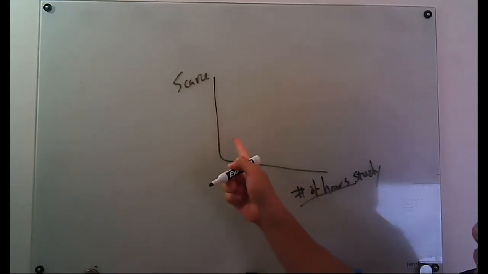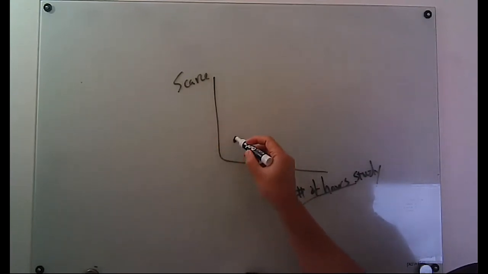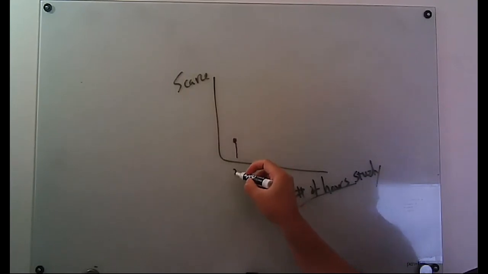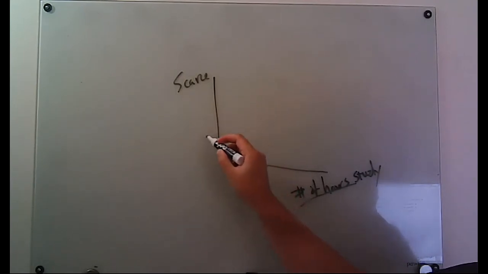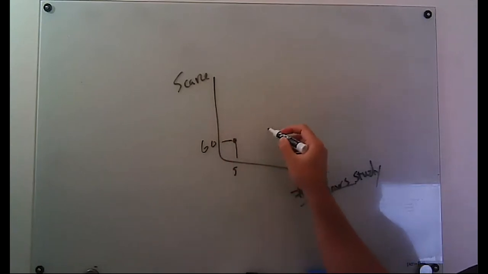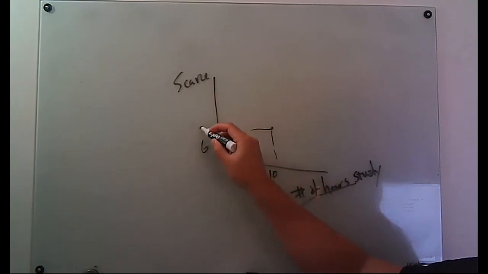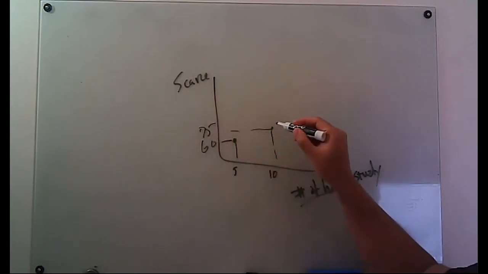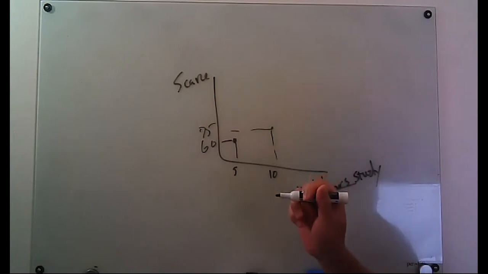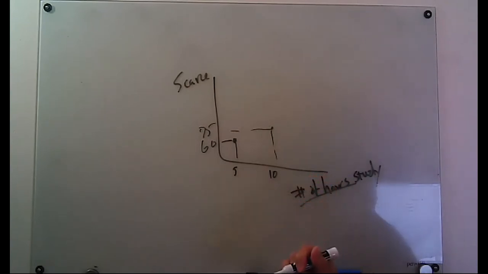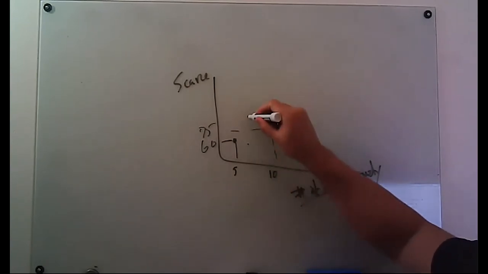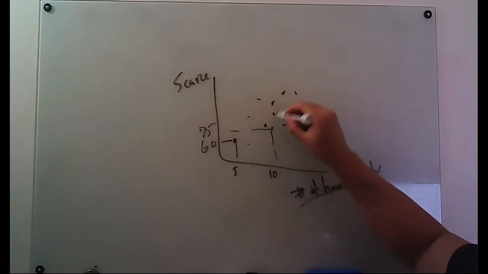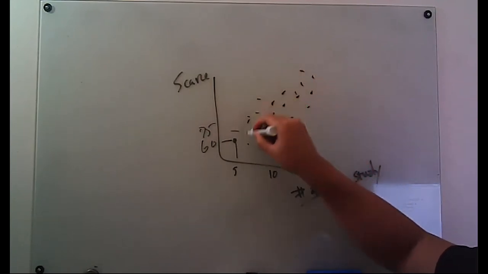Like this is student A, who studied 5 hours but got a 60. On the other hand, this person studied 10 hours but got 75. Let's say I have 40 observations, and I can plot each of them. It would look something like this, right?